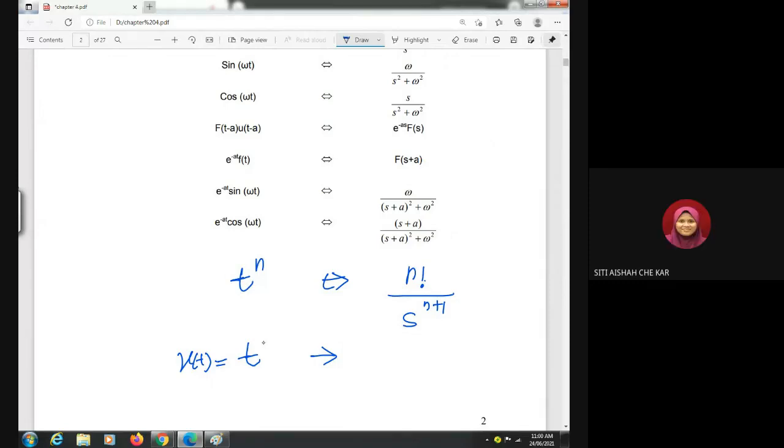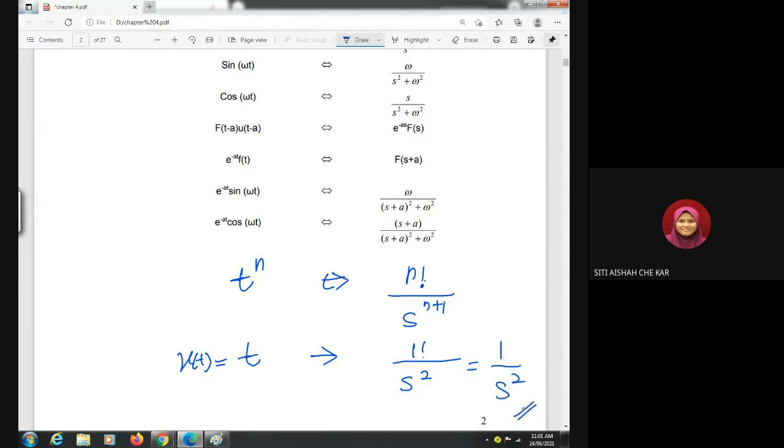So 1 factorial over s to the power of n plus 1, 1 plus 1 is 2. One factorial you can press on the calculator. So the answer is 1 over s squared. That is its Laplace.